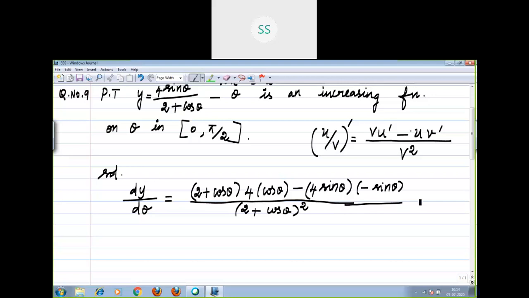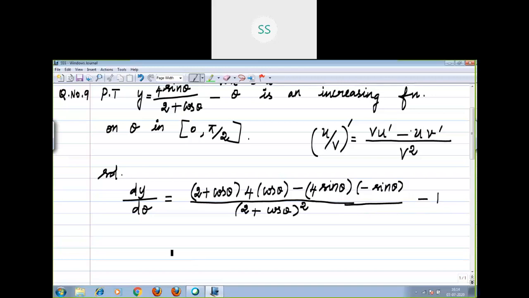Next, minus theta is there. You have to be very careful while differentiating. You have to check whether everything is differentiated or not, then you pass on to the next step. When you differentiate theta with respect to theta, you get minus 1.